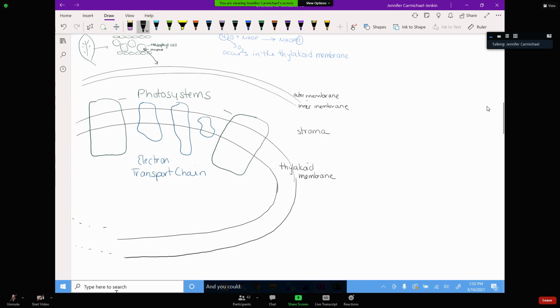And you could probably guess, if we have an electron transport chain and we're making ATP, then we also have an ATP synthase. So you know some of this already. Photosystems are really the only new thing that's happening here.